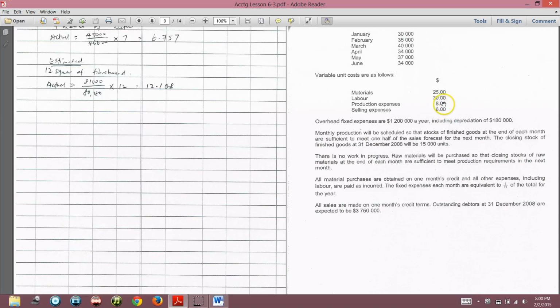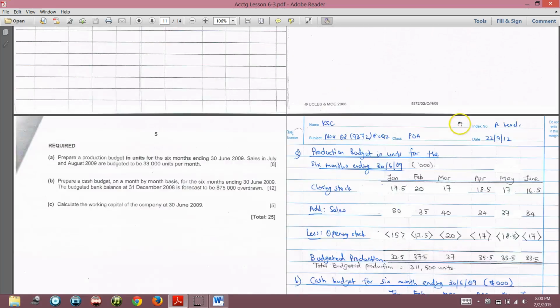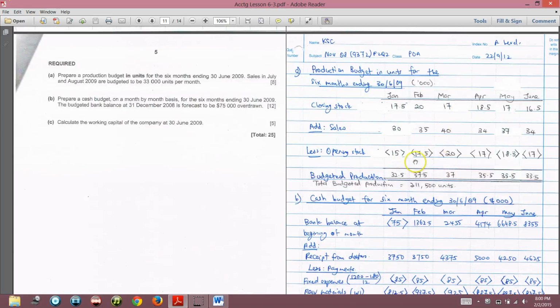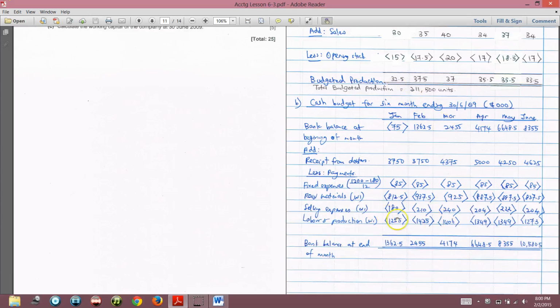So labor and production expense is $38 per unit. So January, the production is 32,500 times 38. So it's 1235, right? So February production will be 37.5 times 38. It's 1425. Then March production is 37. 37 times 38 is 1406. So this is how I get my labor and production.